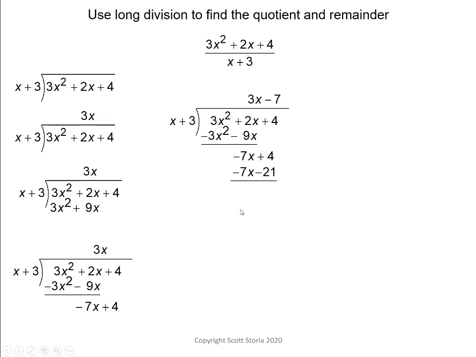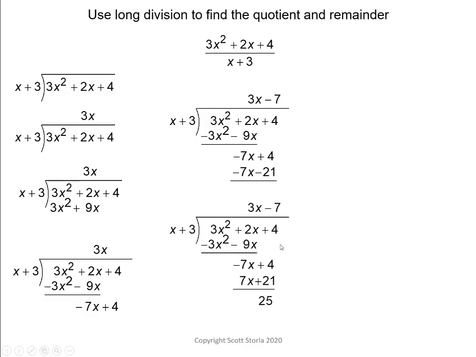And next I'll subtract. So I'll be subtracting this polynomial right here. When I subtract a negative 7x, it'll become positive. And when I subtract a subtraction, we write that as addition. So this is going to become 7x plus 21.